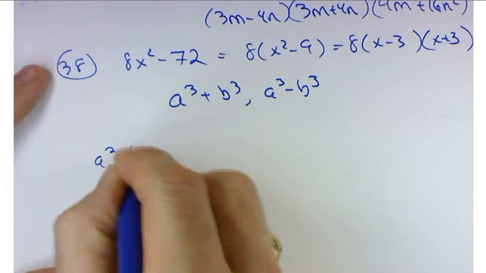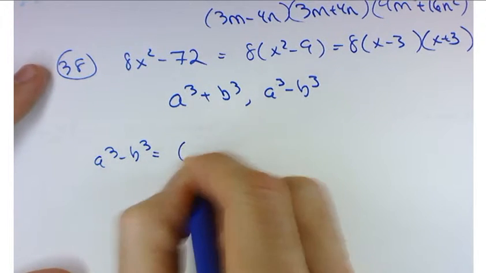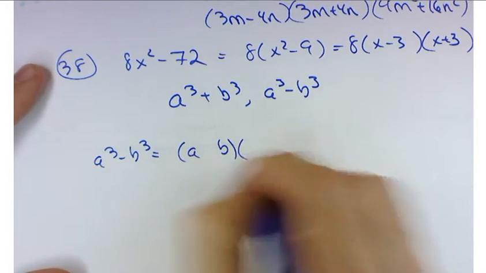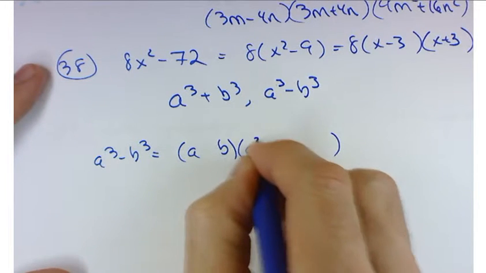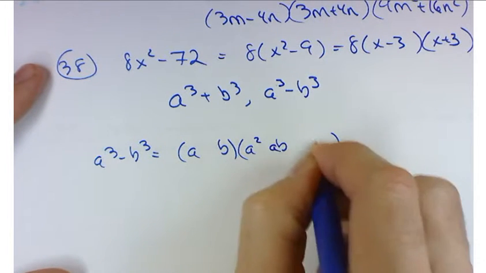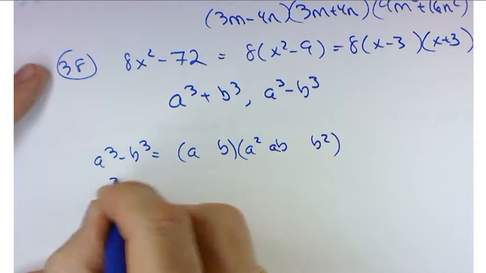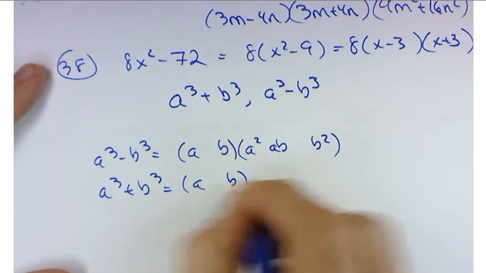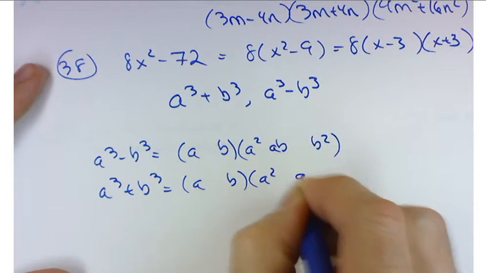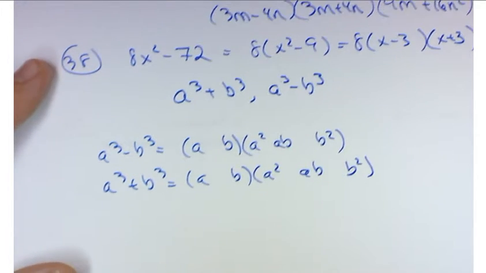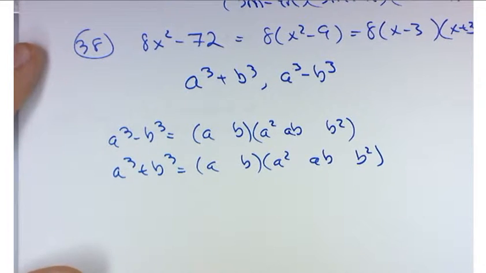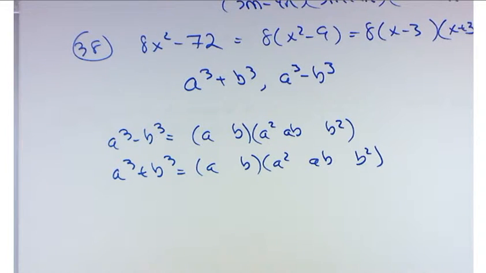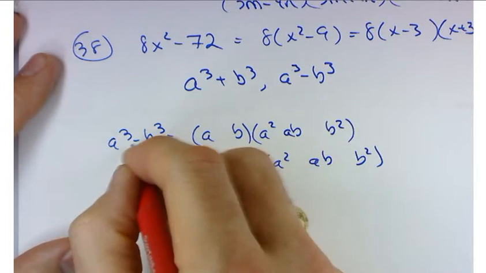A cubed minus B cubed is going to be an A and a B, an A squared, AB, and a B squared. And the trick that I want to impress on you is remembering the signs that go in here. And the signs that go in here follow a specific pattern.